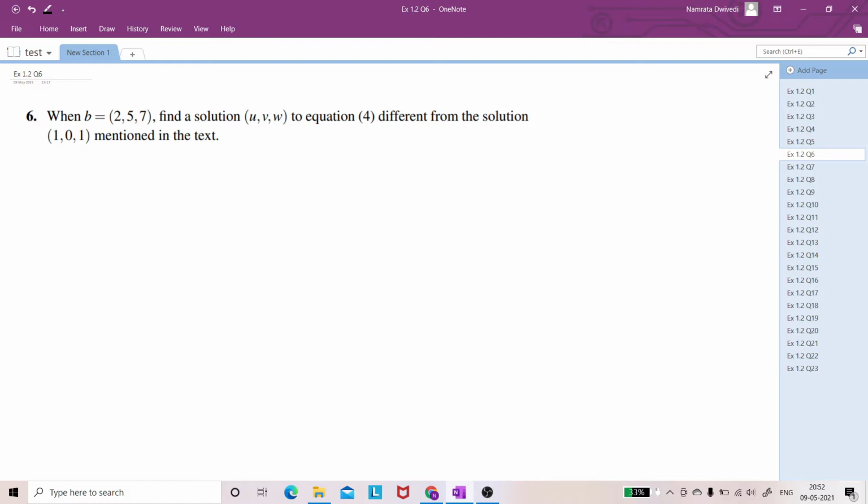So what we'll do is we'll find a solution u, v, w to the vector equation.